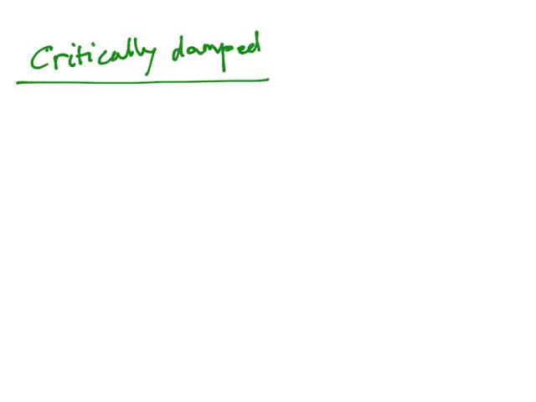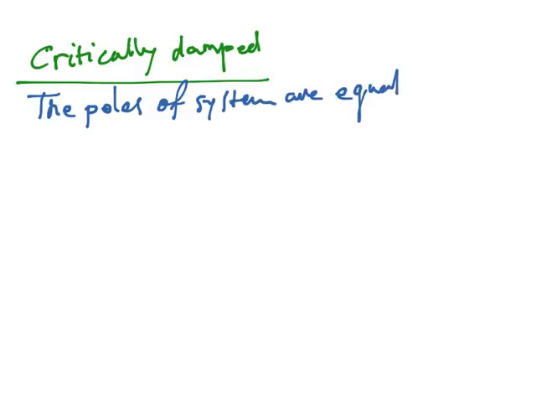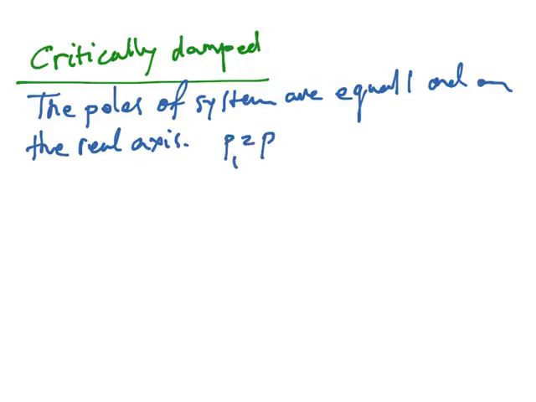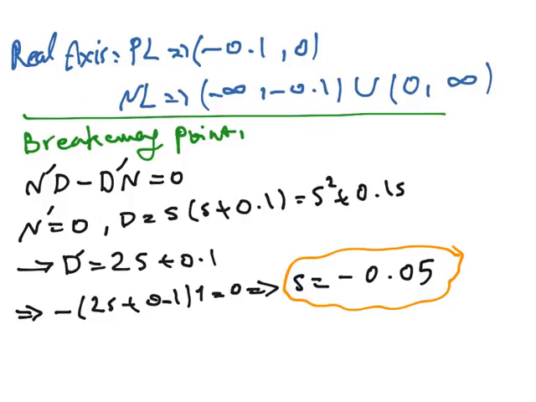This happens whenever the poles of the system are equal and they have only real values. They are located on the real axis. Yeah? So P1 is equal to P2, which is a given real value minus alpha or whatever variable that you wish.